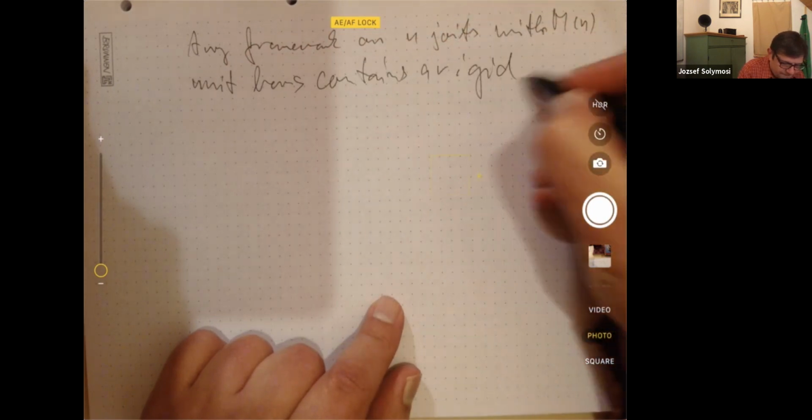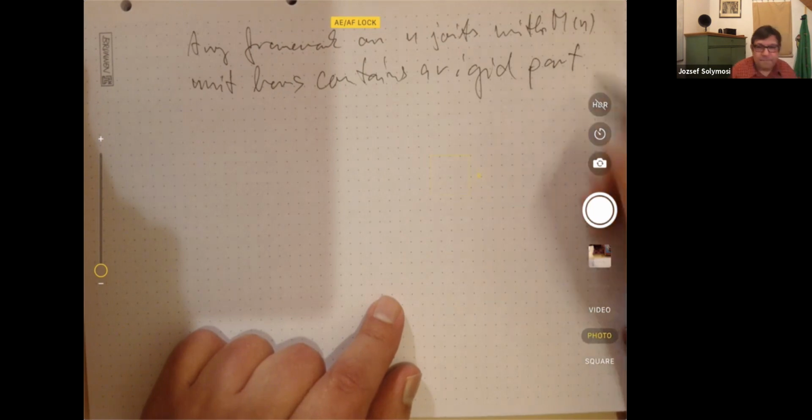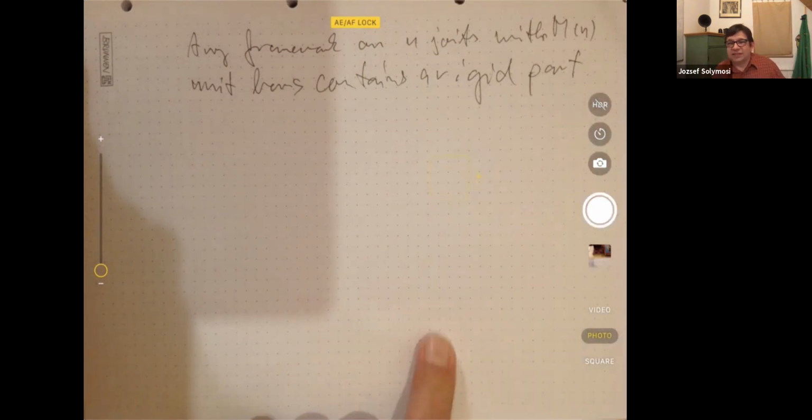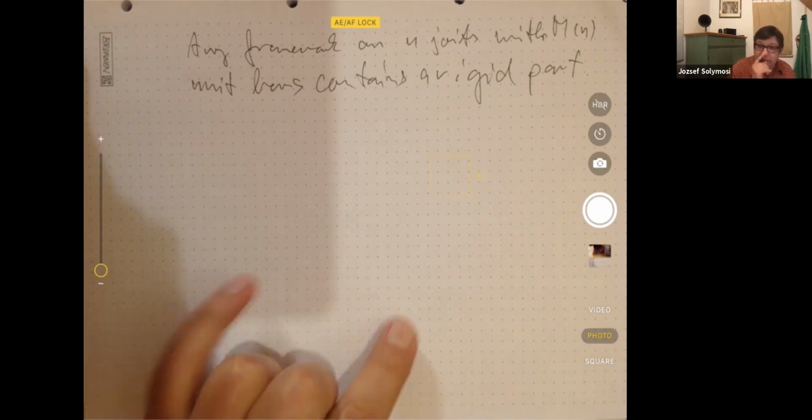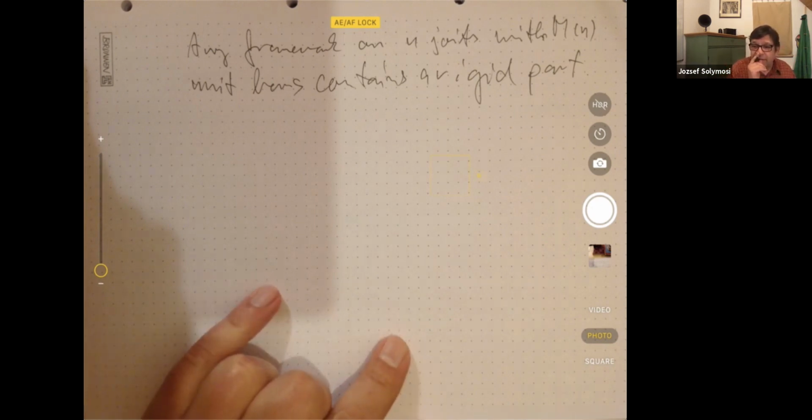And the rigid part has to have at least 3 vertices, right? Well, yes, because the bar itself is not interesting for us. And you don't expect 2 vertices not connected by a bar to have a fixed distance because of this. No, that would be also something.